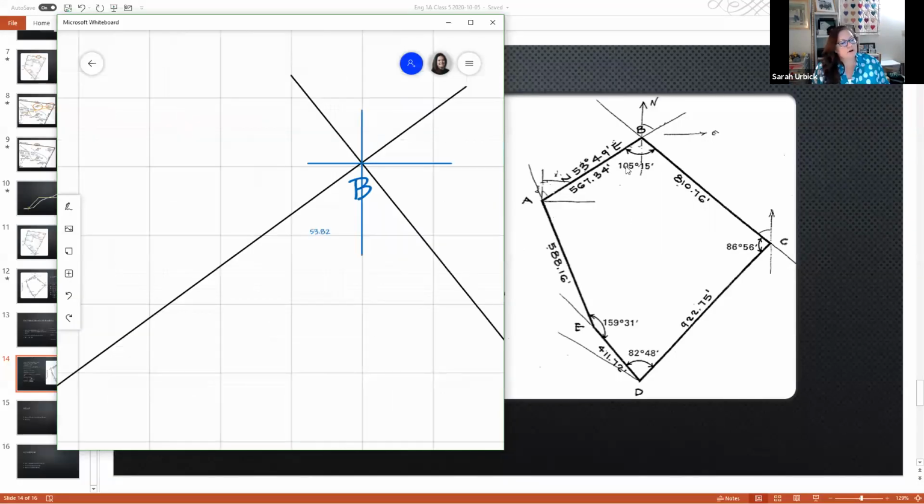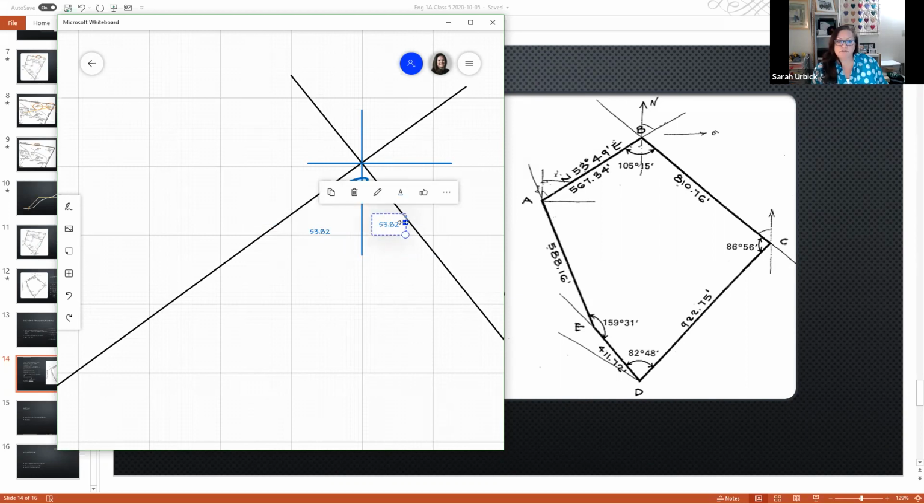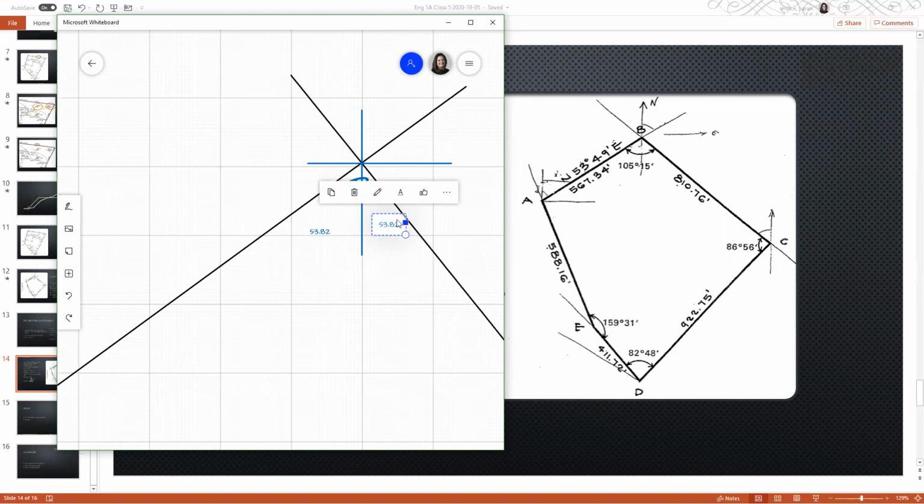All right. So what we know is that this interior angle right here, the whole angle at B, is 105 degrees, 15 minutes. So based on that, what is this other angle right here from B, from my south line, my south meridian, over to line BC? 105.15 minus 53.82.